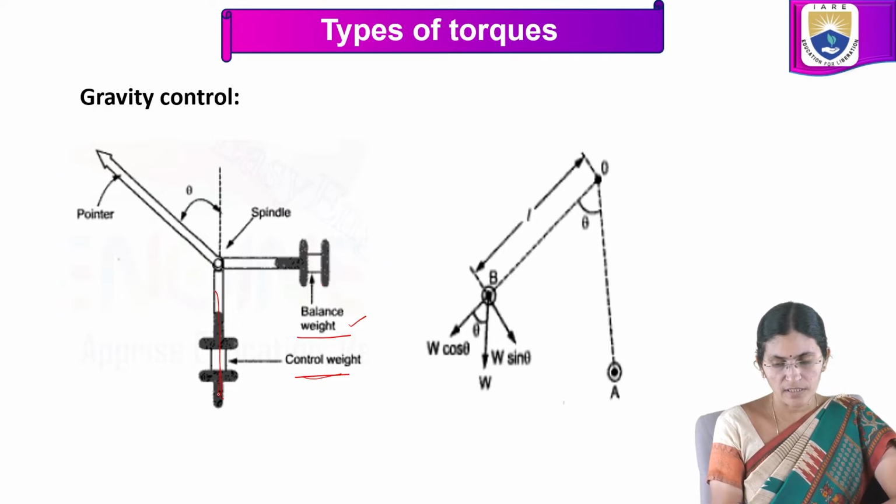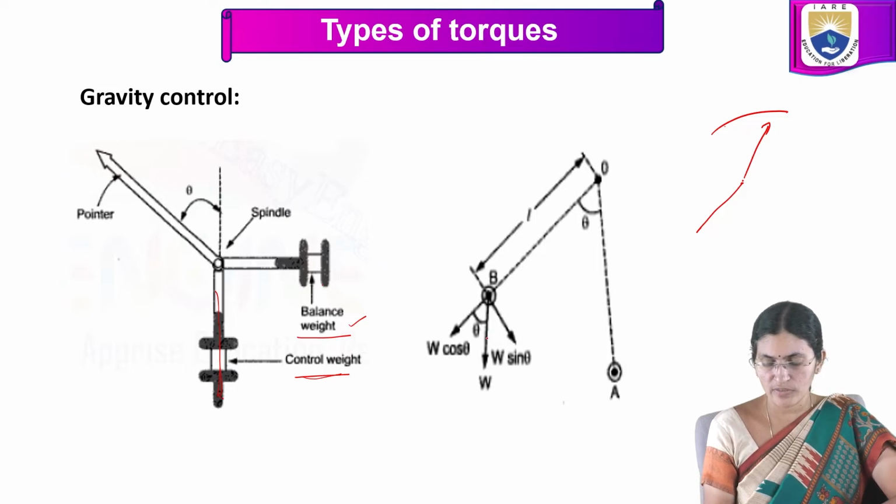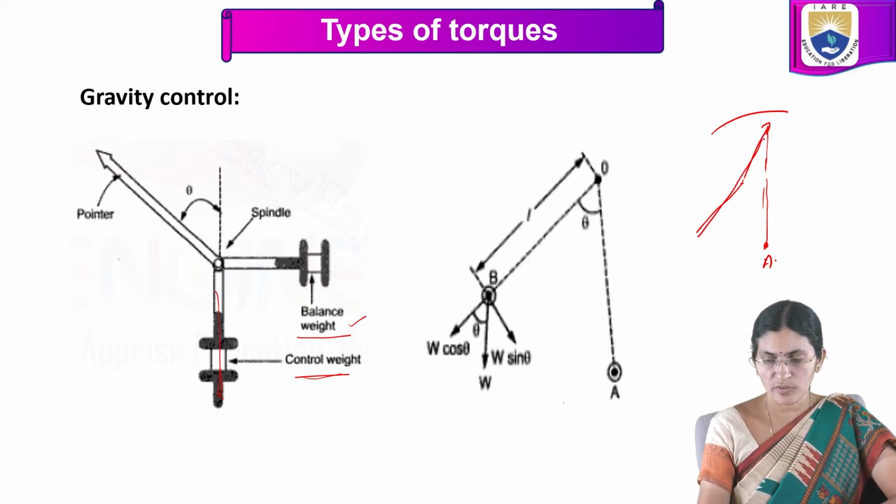It is vertical, and whenever there is a deflection of the pointer, this control weight will also change its position. As you can see here, it will try to restore to its original position, which is vertically downwards, but because of the pointer it will be in this position. So this is the path it has to travel.